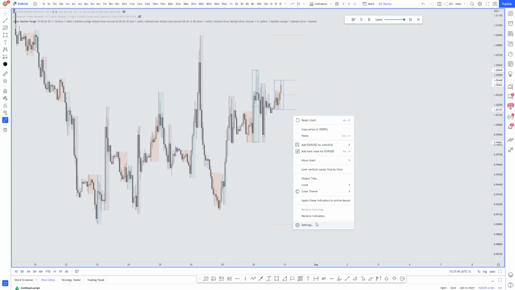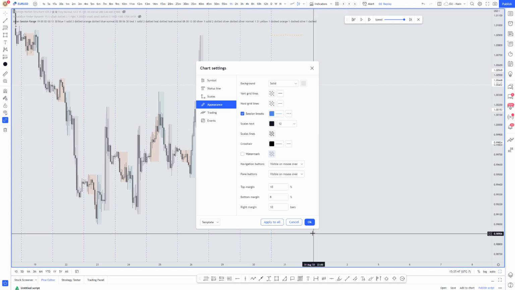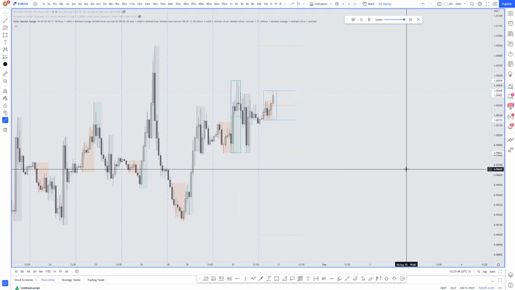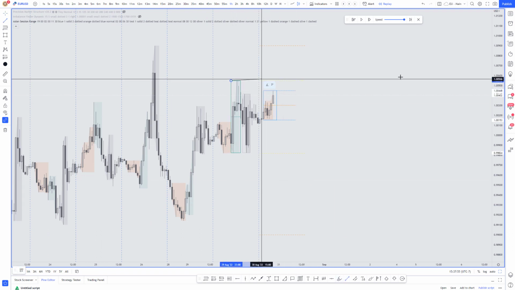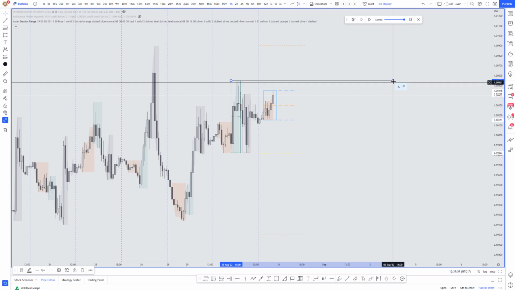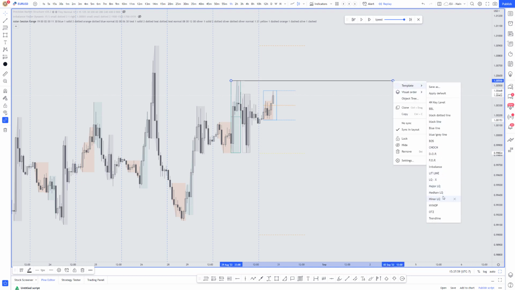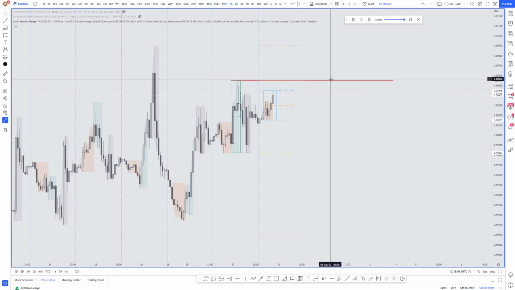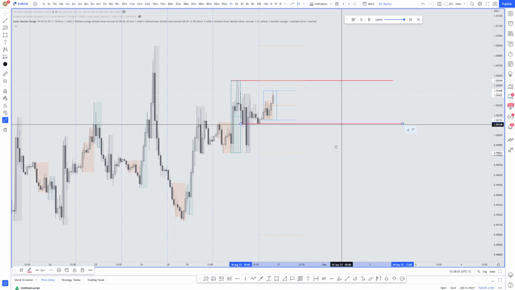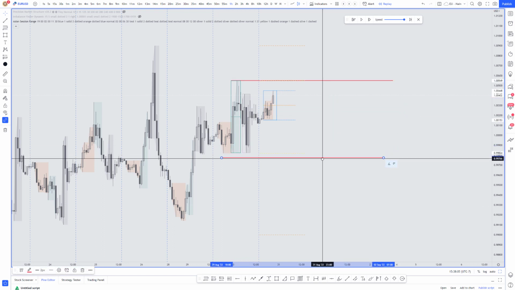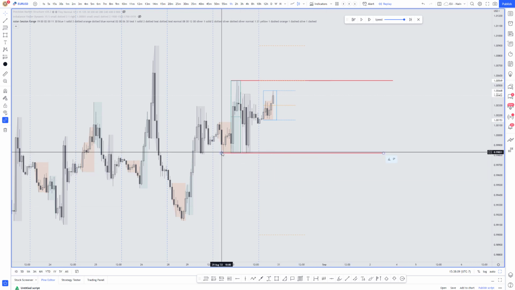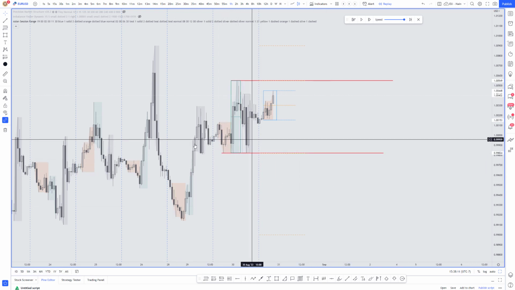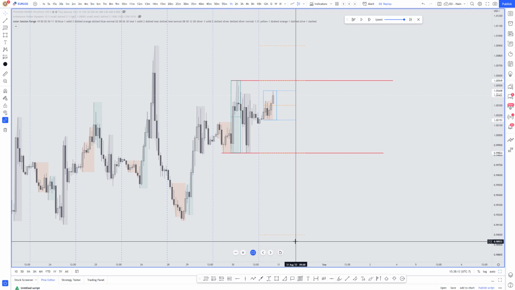First thing you want to do is obviously just quickly turn on your session breaks and basically just see where the daily highs and lows are. So you can mark these out and you can mark the lowest point out. So when you see all three sessions line up like that, that'll 100% get run.